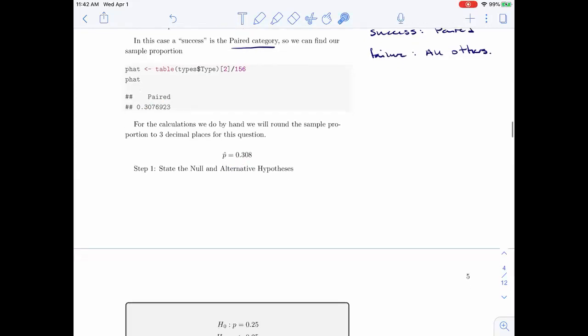And so our p hat, this is our sample proportion. P hat is the sample proportion. We're trying to learn something about p, the population proportion, right? So from 0.308, is 0.308 significantly different from 0.25, right?